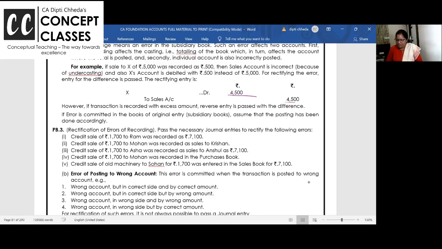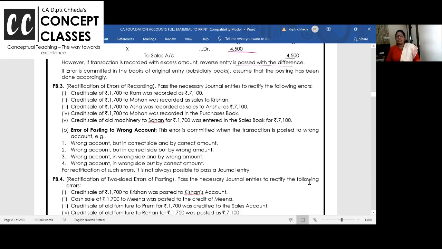However, if the transaction is recorded with excess amount, reverse entry is also passed. So now I am teaching you that if there is a mistake in two ledgers, how you are going to rectify it. Okay, right? These are all bit problems. When I come to combine problem, in exam they will give you 5 errors to be rectified.